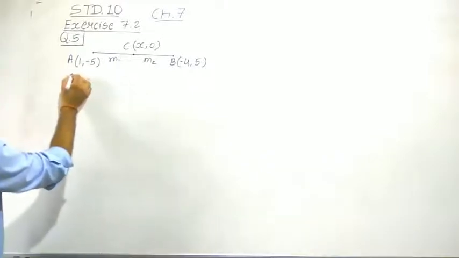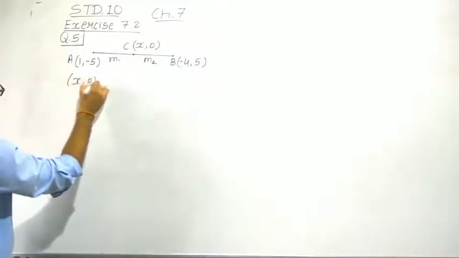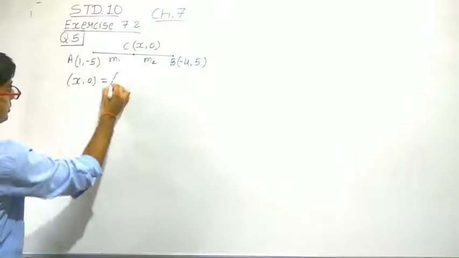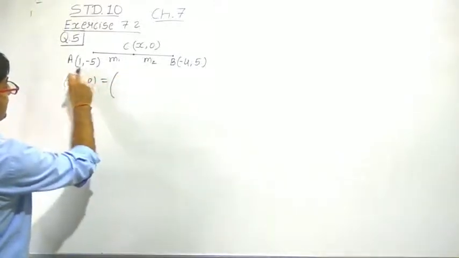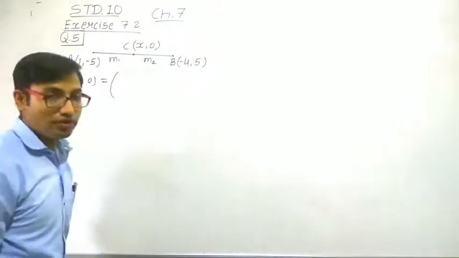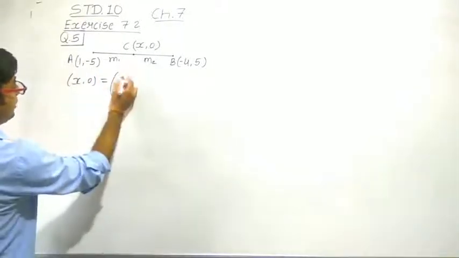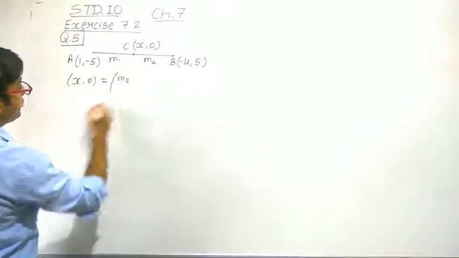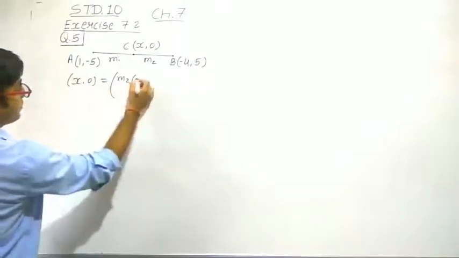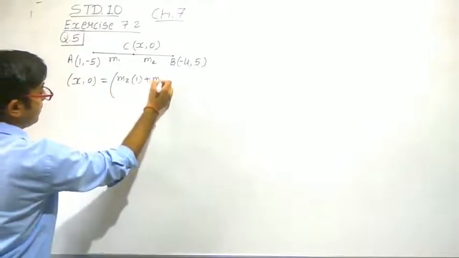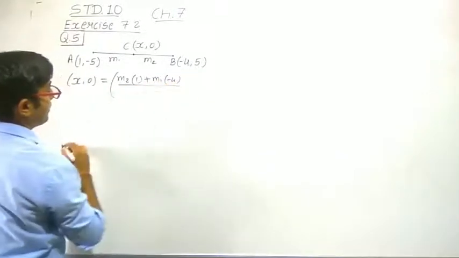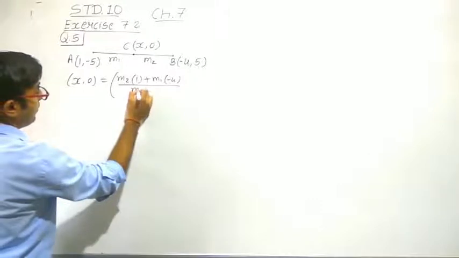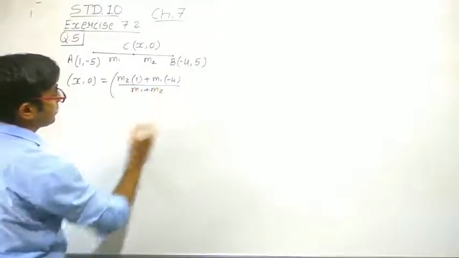So we can write down here that x is equal to, using the section formula, we can take x1, x2, y1, y2 as usual. So m2 into x1, x1 is 1, plus m1 into x2, x2 is minus 4, upon m1 plus m2.